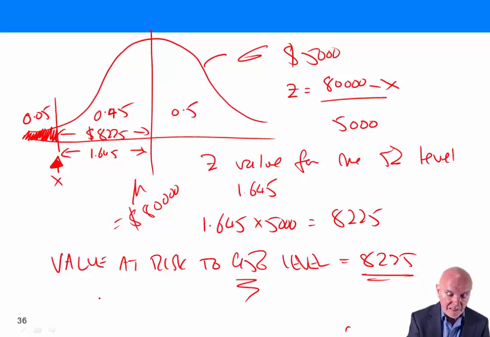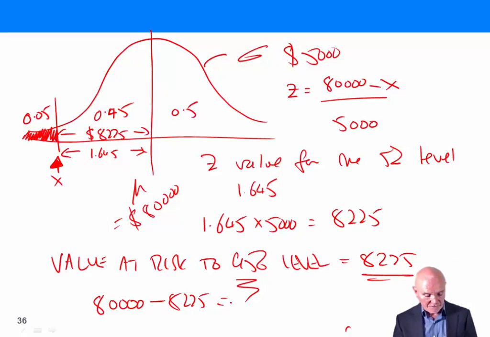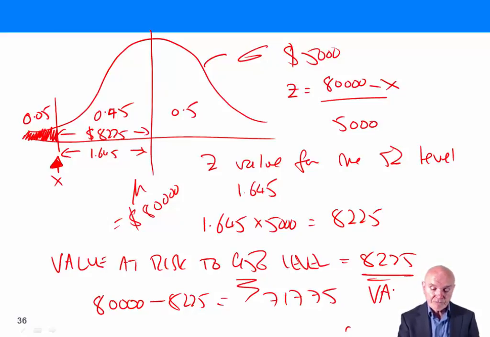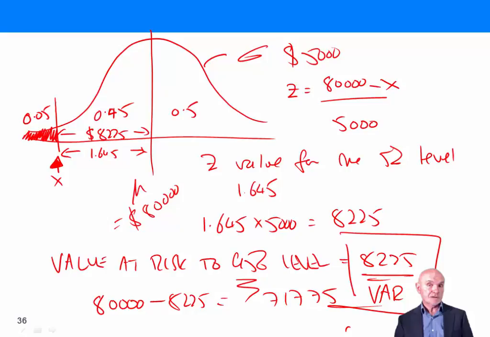We're saying that the 80,000 could fall by 8225, so 80,000 take away 8225 is 71,775. There's only a 5% chance that the value of the portfolio will be less than 71,775. And this is the value at risk. This is what you're standing to lose, more than that only with a 5% chance.